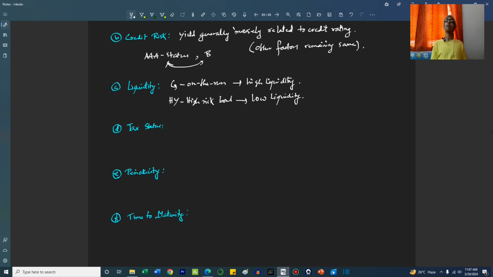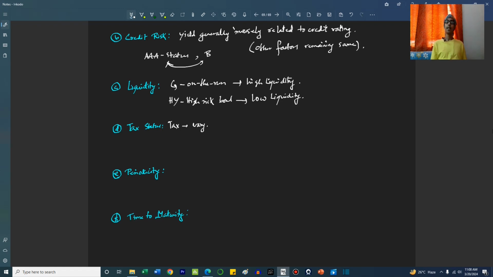Taxation can vary depending on the issuer of the bond, right? A government bond may be taxed in one way, a corporate bond may be taxed in another way. Even corporate bonds which are varying in terms of industries can be taxed in different ways. So that is also a reason for the differences in yields of different bonds only in terms of tax status, even if other factors remain identical.